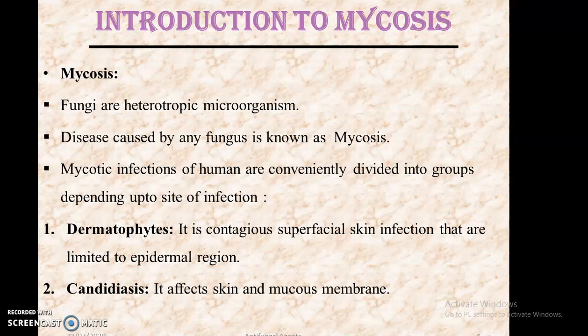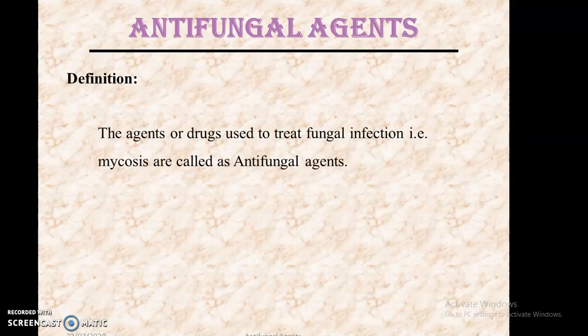Dermatophytes is a contagious superficial skin infection limited to the epidermal region only, whereas skin and mucous membrane are affected in candidiasis. Antifungal agent definition: the agents or drugs which are used to treat mycosis are called antifungal agents.